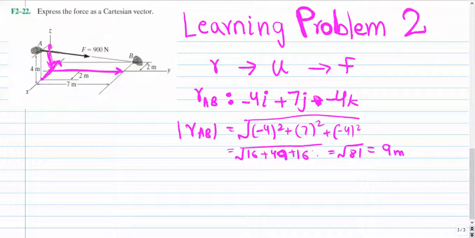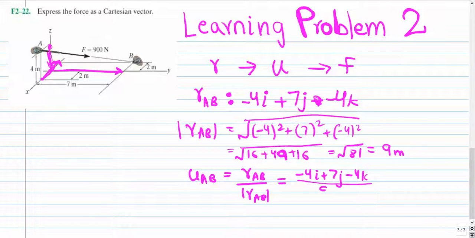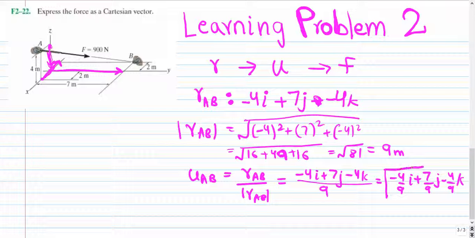So now that we have the magnitude of this length vector, we can use that to find the unit vector from A to B. So divide the length vector AB by its magnitude to get the unit vector, and when we do that, we get negative 4 by 9 i plus 7 by 9 j minus 4 by 9 k, and this is going to be our unit vector from A to B. Now remember that a unit vector always has the magnitude of 1.